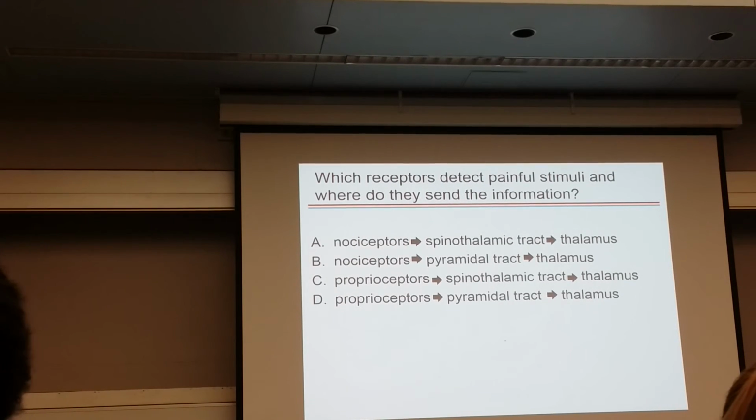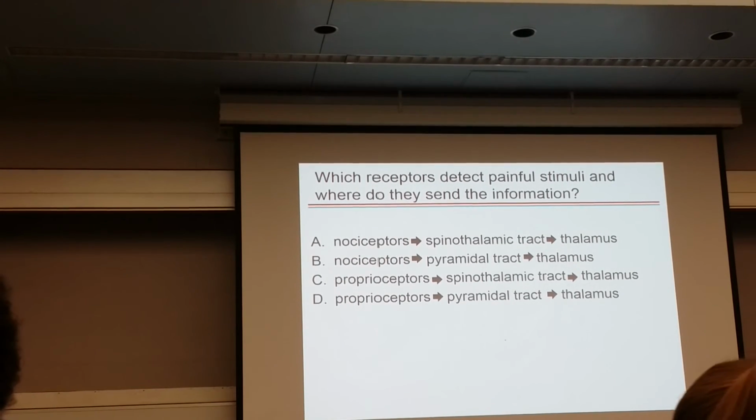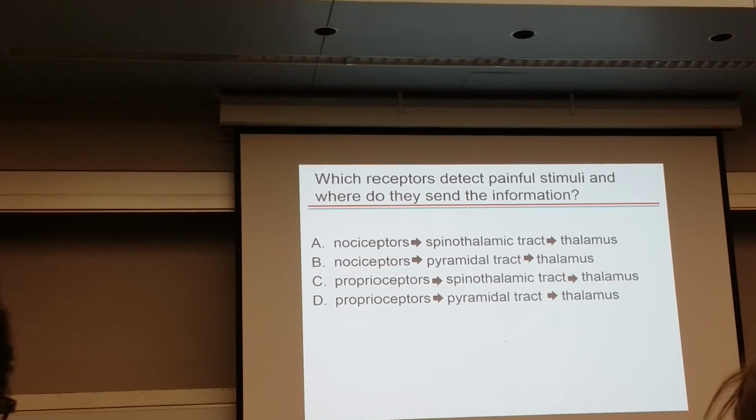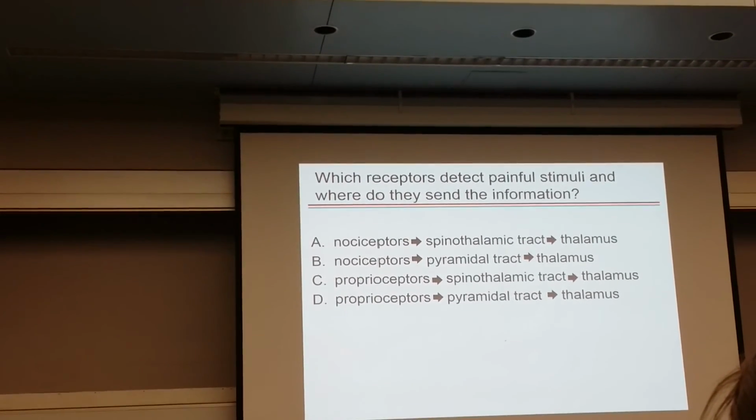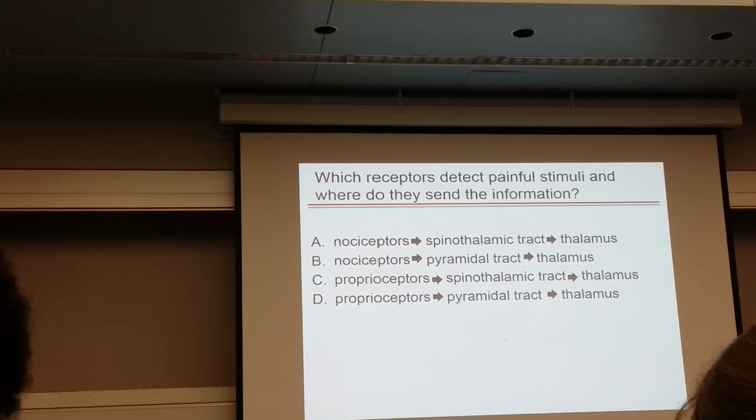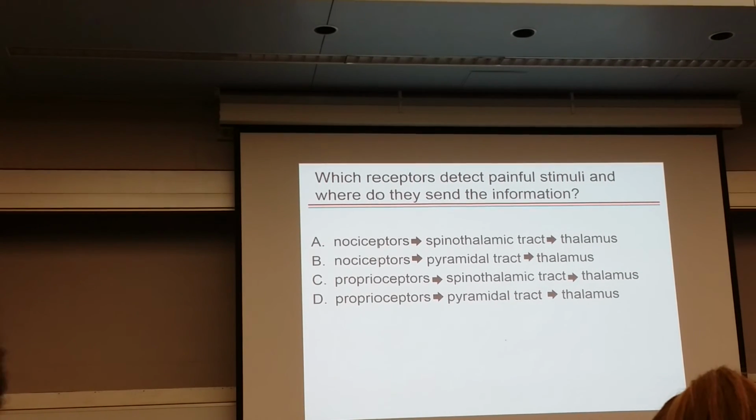All right. Which receptors detect painful stimuli, and where do they send that information? This is extremely easy. First of all, you can eliminate C, M, and D immediately, if you're smart, because we're talking about pain, so it has to be related to nociception.